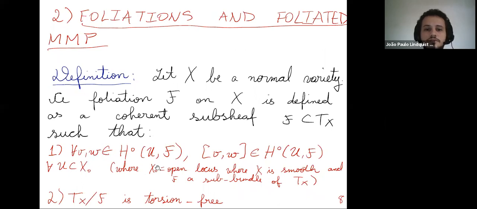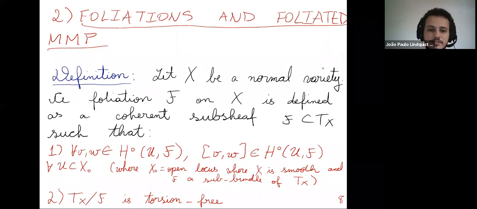With this, we can see that on X0 there is a regular foliation such that the tangent vectors to this foliation are given by F restricted to X0. So this is only to make a more algebraic definition.